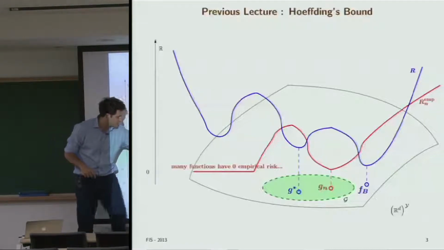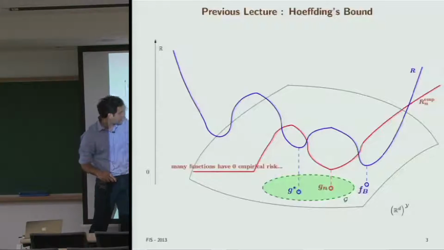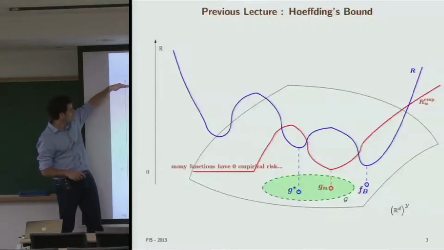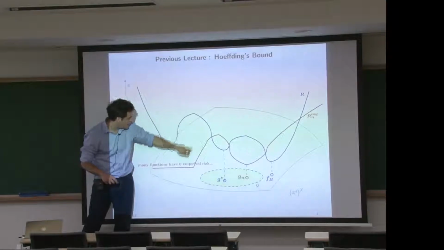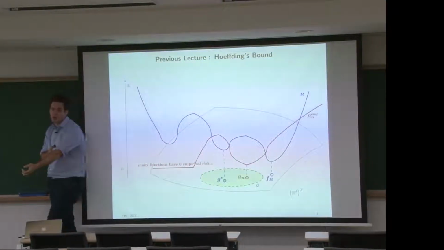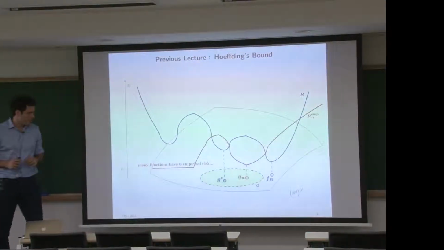Or here, in this case, the gap is even wider. I should have written here that the function is upper bounded by 1, so it's between 0 and 1. When there is a big gap like this, this is what we usually call overfitting.